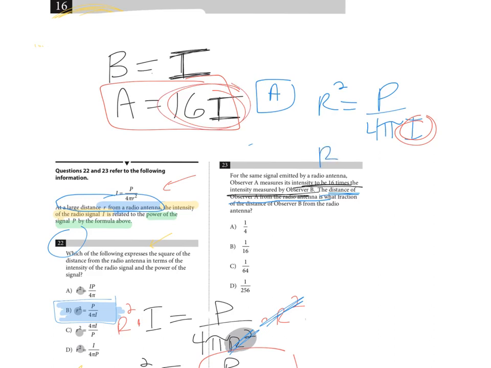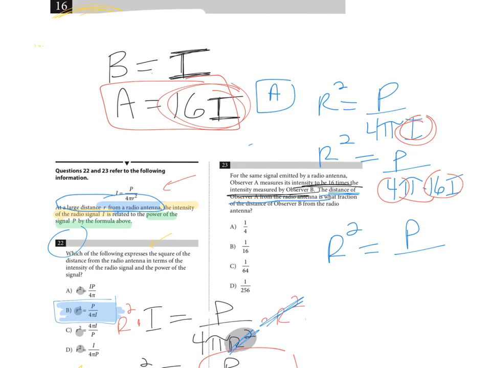So this distance, R, when you square it, that equals P over 4 pi times 16I. So I know that R squared equals P over, well, 4 times 16 is 64, so 64 pi times I. And its distance is R. So I'm going to take the square root of that.